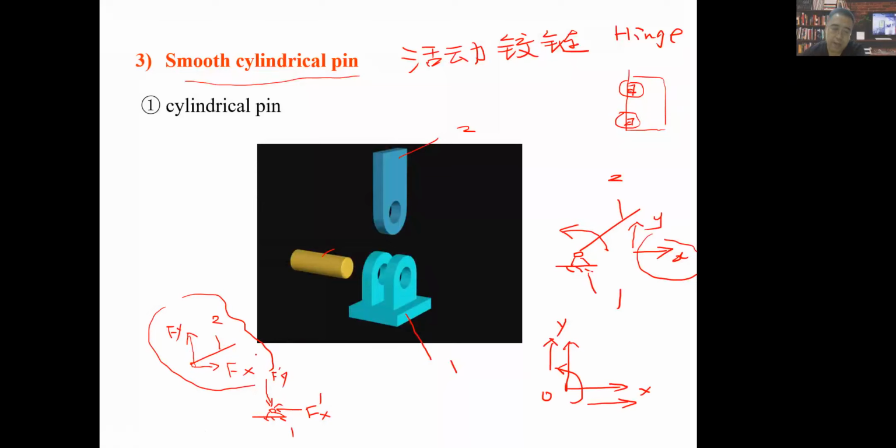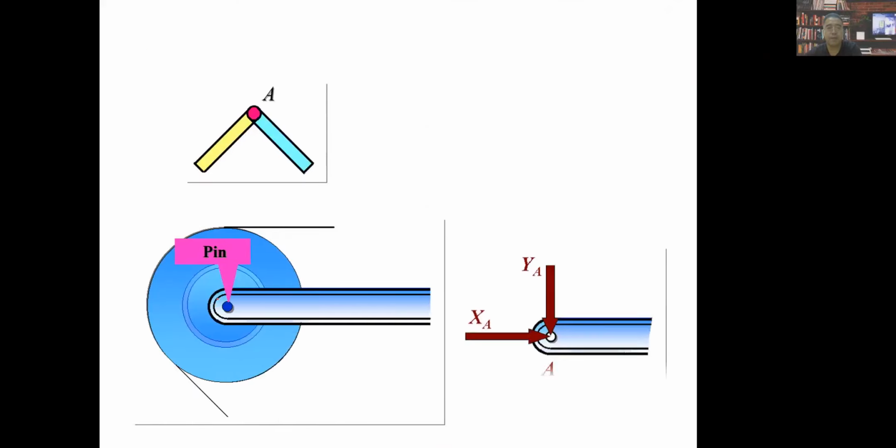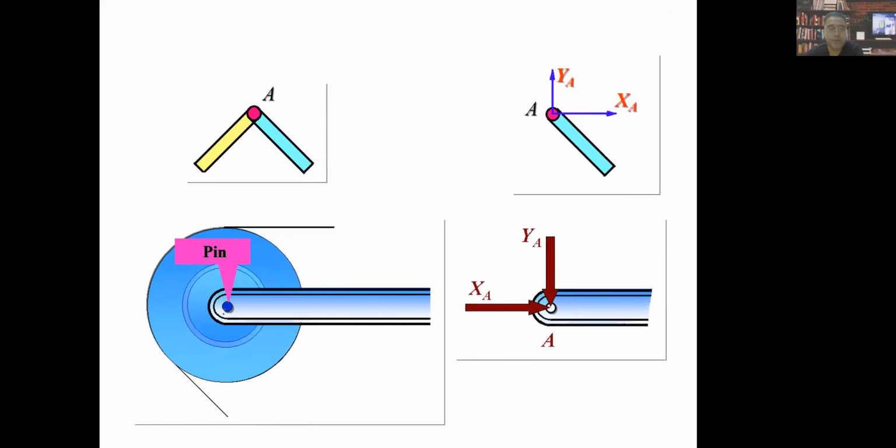So I think this kind of explanation will be very easy for you guys to understand, right? So this is the cylindrical pin. So you guys should know how to figure out which constraint is this kind of pin and know how to draw its reaction force. So this is the pin.